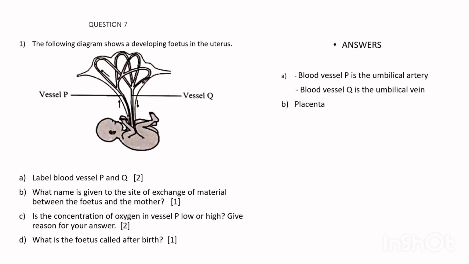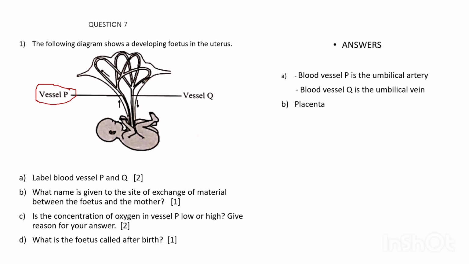So for you to answer this question nicely, you just check where the arrow is going. The arrow is coming from the fetus going to the mother. So this is a gas that has already been used by the fetus and is no longer in use. The same applies to us human beings.